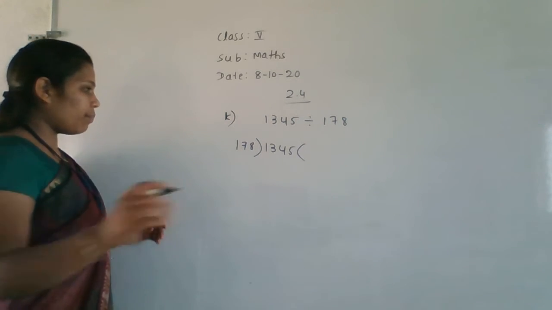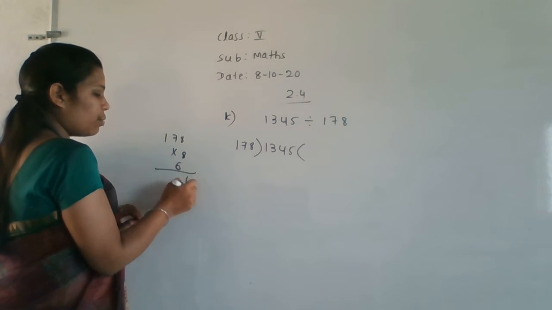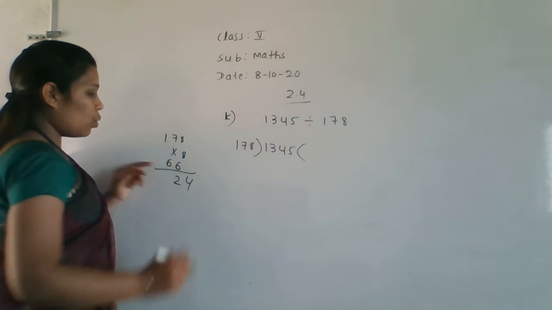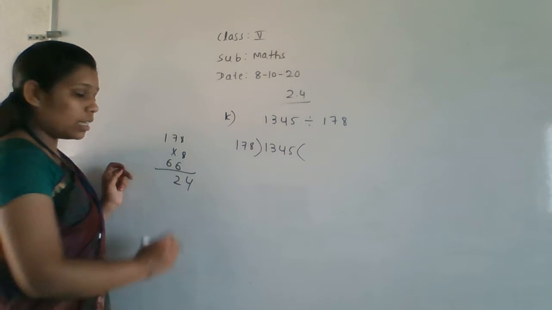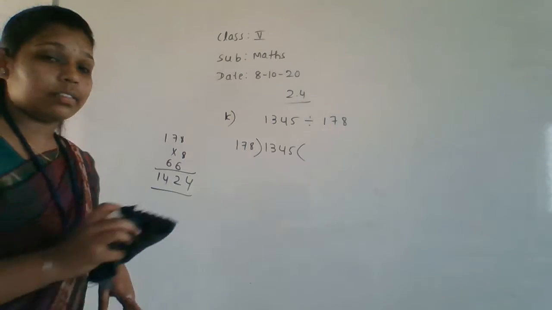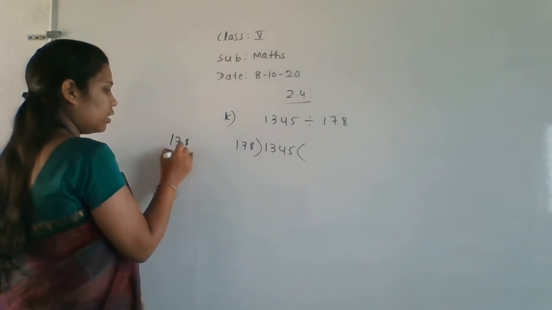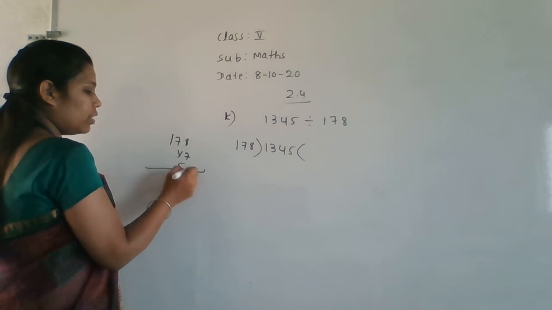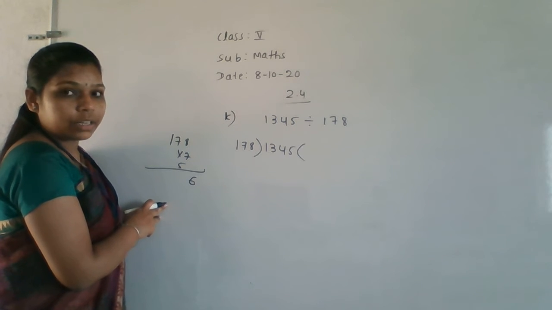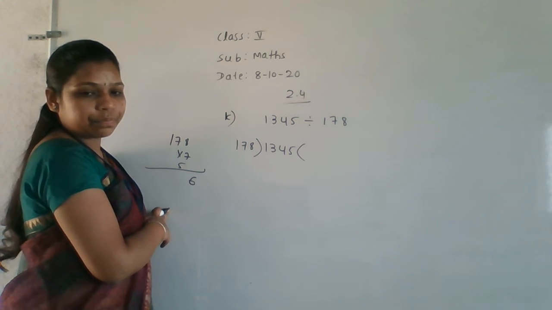So check for the 178 into 8. 8 8s are 64, 8 7s are 56, 56 plus 6 is 62, 8 1s are 8, 8 plus 6 is 14. So it's a greater value, right? So check with the 7s. 178 into 7.